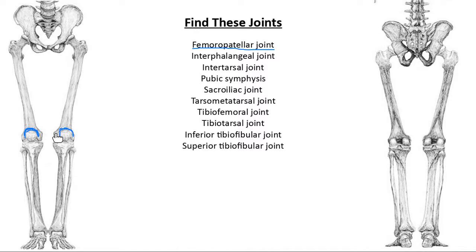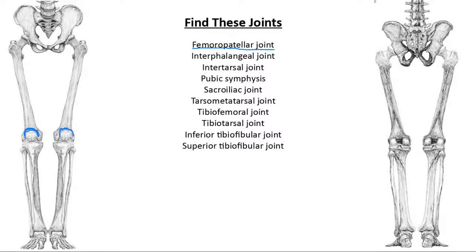You can, and I encourage you to, use your body when you're taking this exam, when you're doing the homework assignment over this kind of stuff. So please feel your femoropatellar joint. Know where that joint is. That's going to be important and helpful for you as we're trying to identify all the different joints this week, all the different bone markings. So femoropatellar joint, that is one joint that is found in the knee.